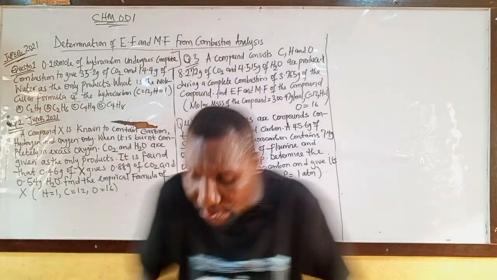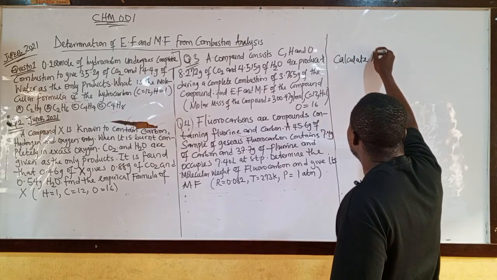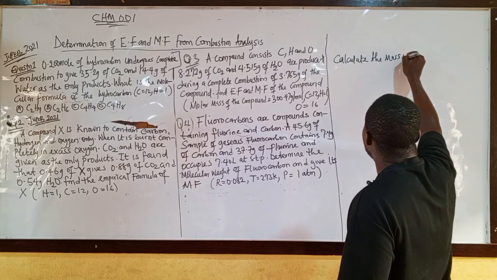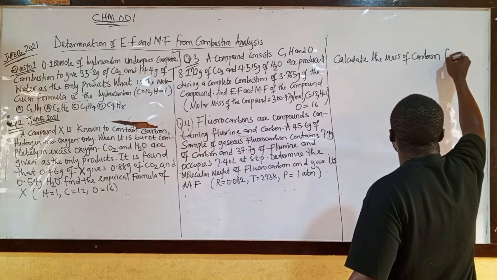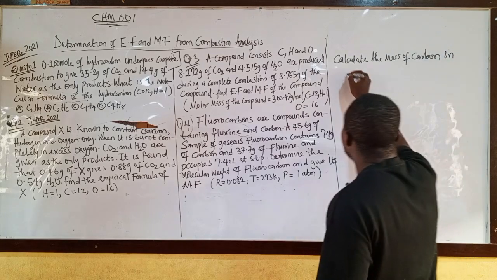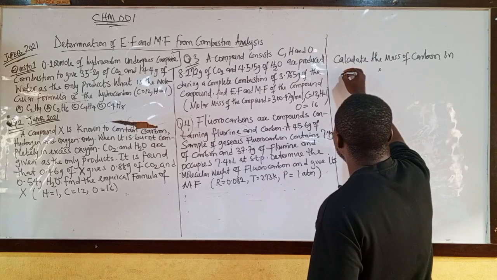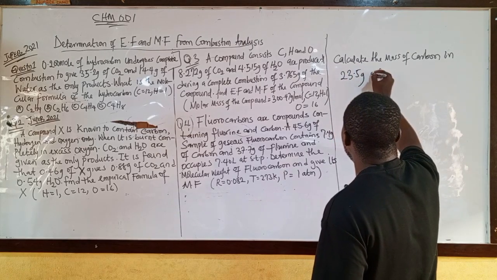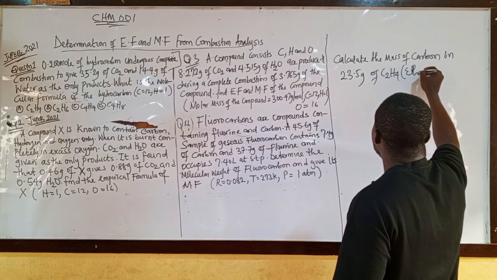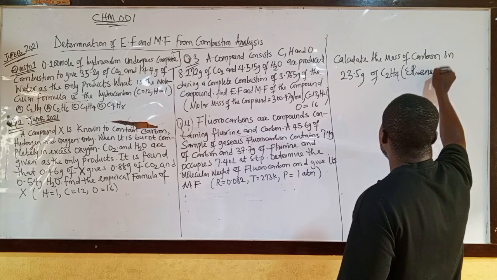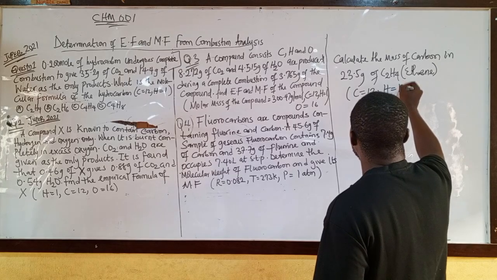For example, calculate the mass of carbon in 23.5 grams of C2H4, which is 18, where carbon is given as 12, hydrogen is given as 1.